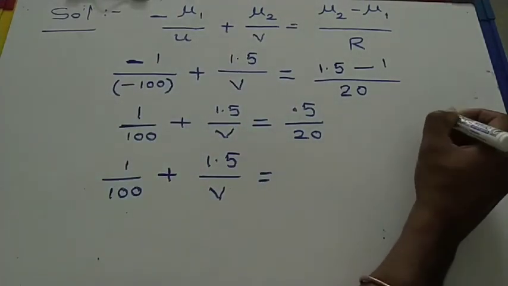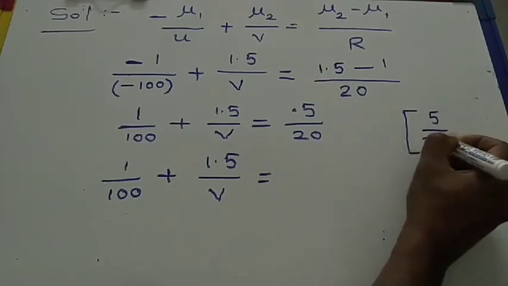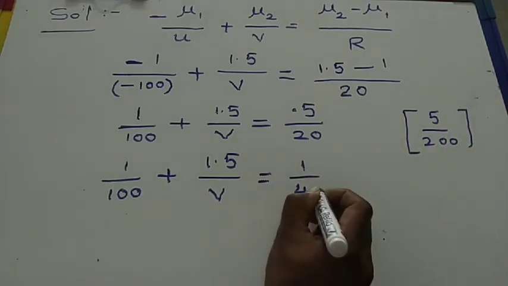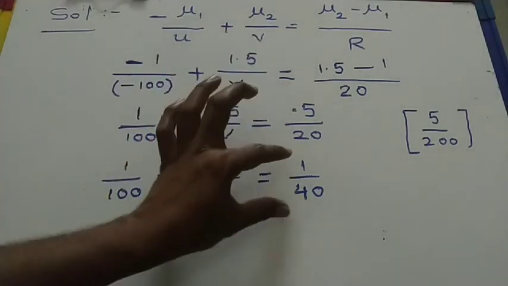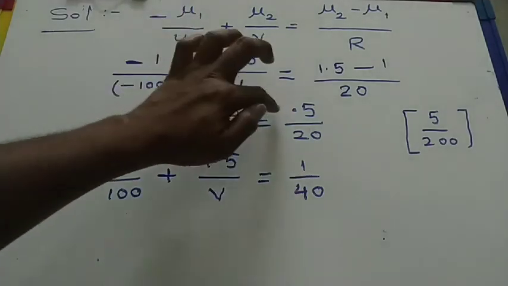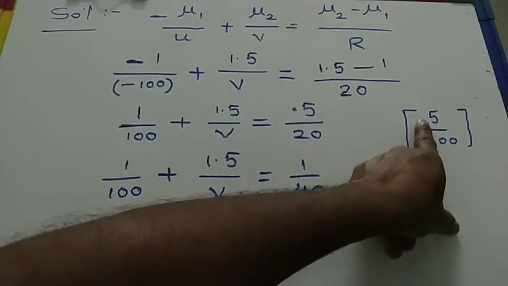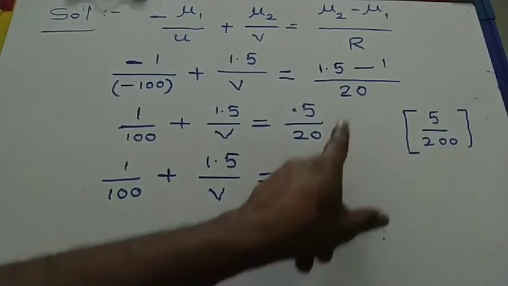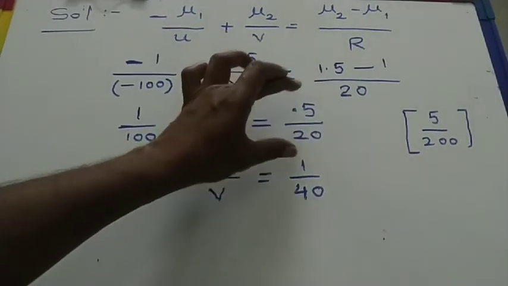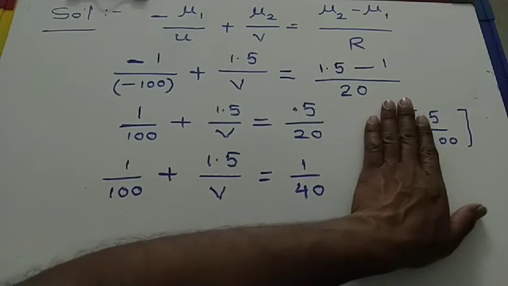Then what we will get? 5 by 200. Okay. Then how much? 1 by 40. Okay. So directly I wrote here 1 by 40, but how did I write 1 by 40 in the place of 0.5 by 20? This is the reason. Multiply by 10 gives 5. Multiply by 10 in the numerator as well as denominator without changing the value of this term. Therefore, it becomes 200. Gives 1 by 40. Okay. Now I am erasing this one.